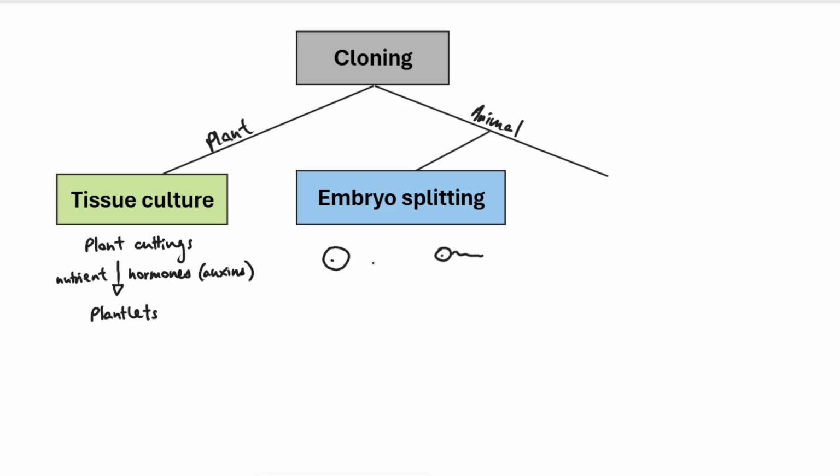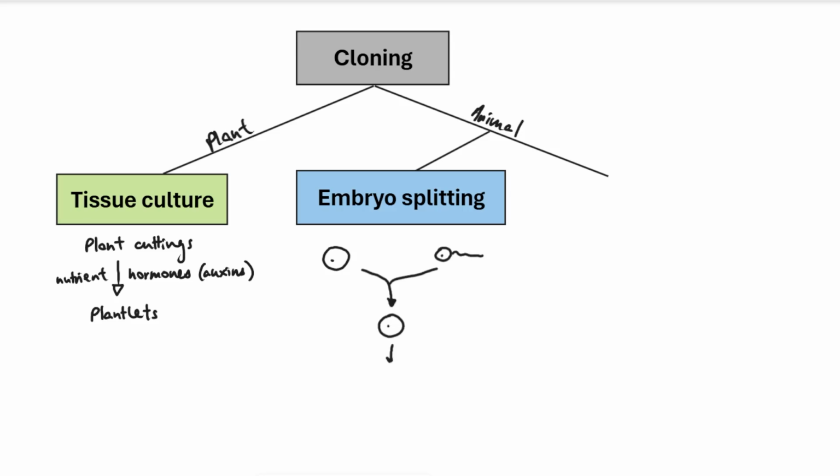Again, you can use genetic engineering, technically speaking, to make sure that the egg cell and the sperm cell carry the desired alleles that you want. Then you allow them to fuse together by fertilization, and then what you get is a zygote. So very similar to IVF, or basically sexual reproduction.